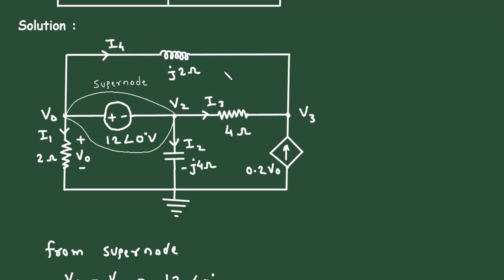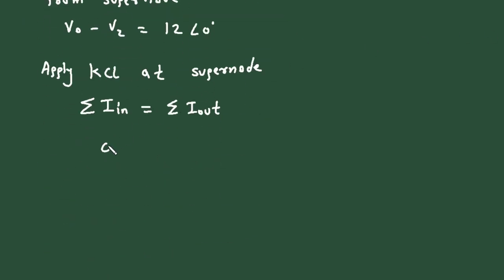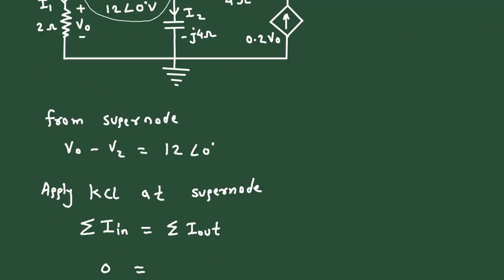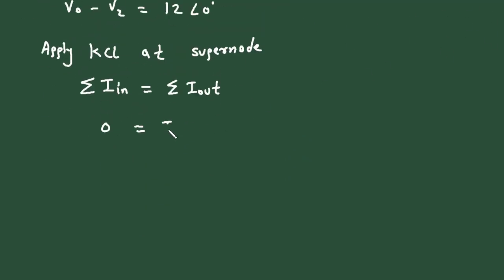Now here at this supernode there is no entering current, so we can write 0 here is equal to, now let's write leaving currents. So here I1 is the leaving current, I2 is leaving current, I3 is also leaving, and I4 is also leaving current. So here we can write I1 plus I2 plus I3 plus I4.